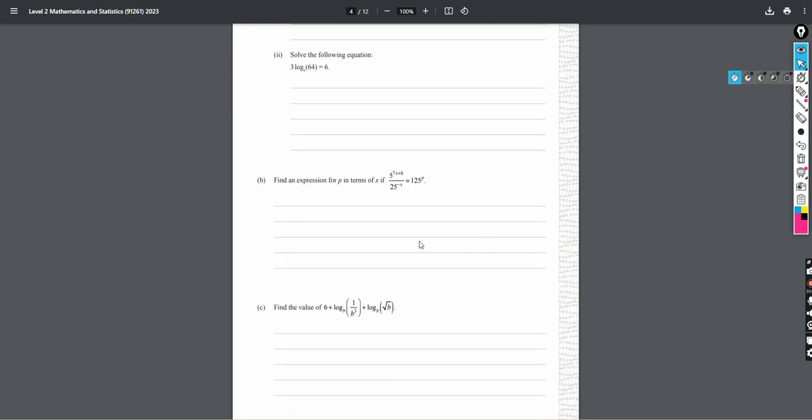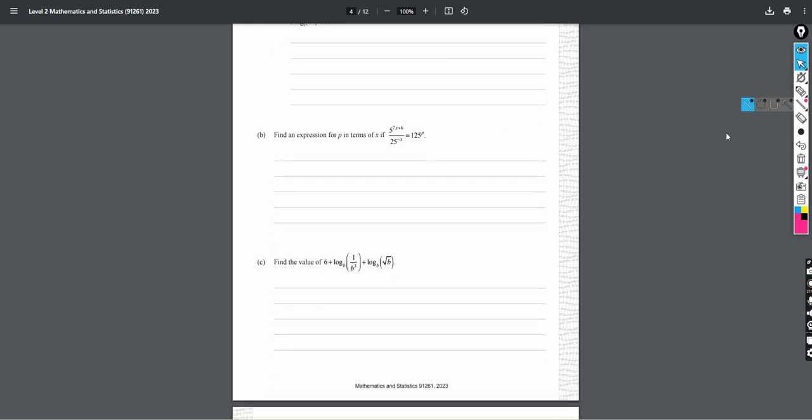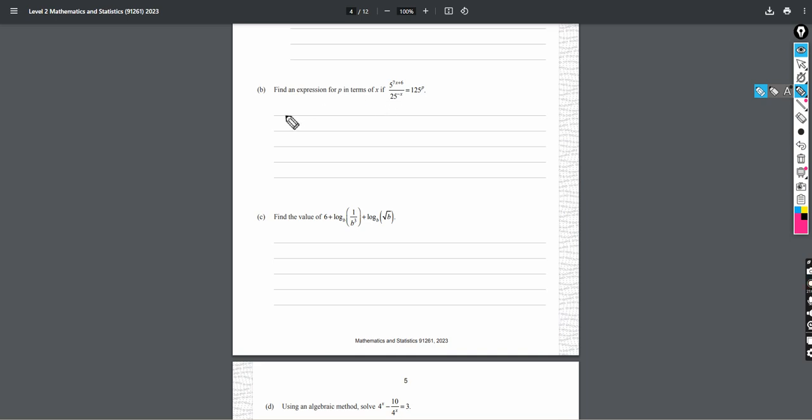Final expression for p in terms of x is, oh my days, that just looks awful. Okay, so 5 to the 7x plus 6 divided by 5 to the minus 2x, because this is just 5 squared, equals 125p.